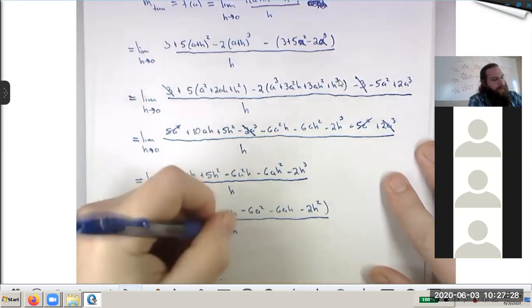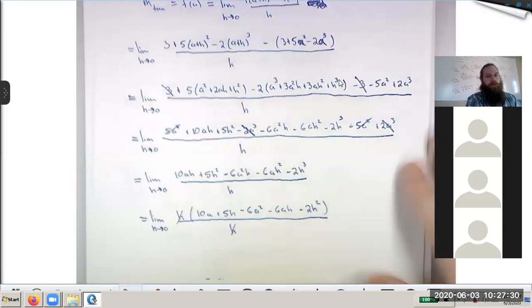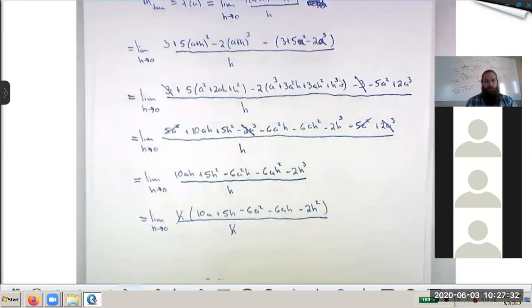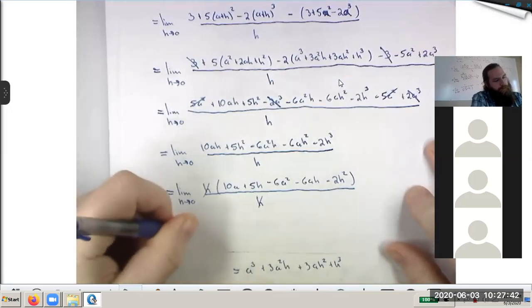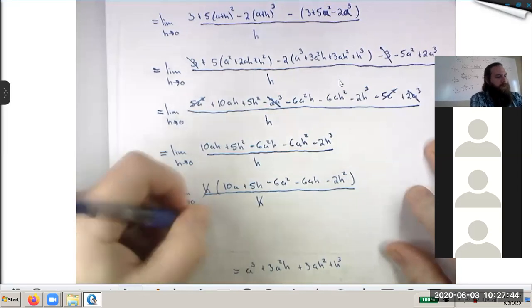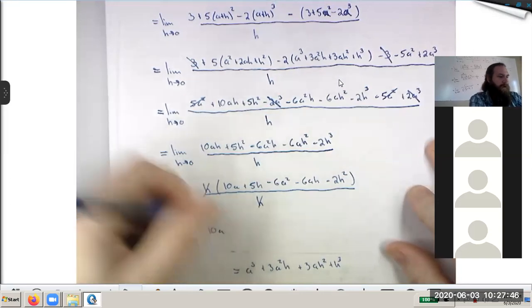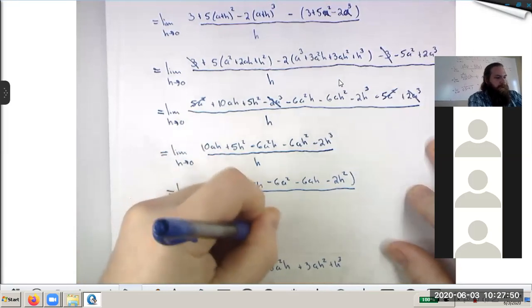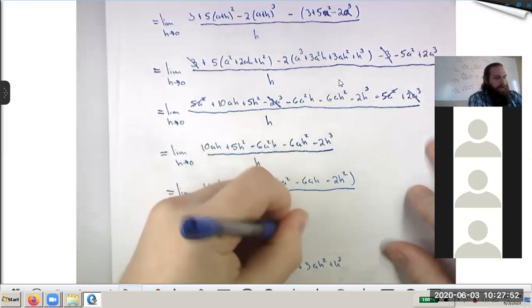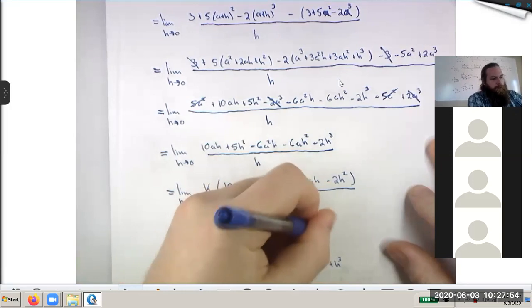All of this is over h, and now those h's can be canceled. So this is the limit as h goes to 0 of 10a plus 5h minus 6a squared minus 6ah minus 2h squared.